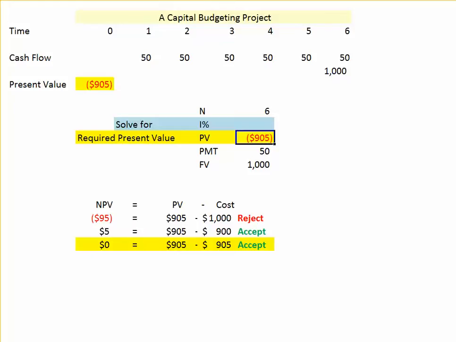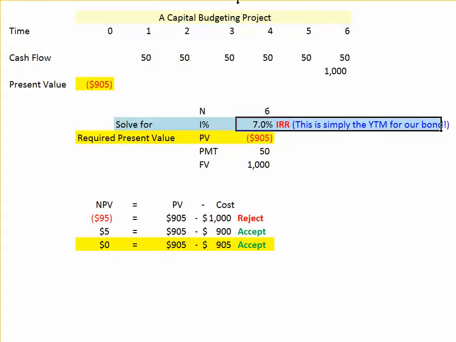So to solve for our internal rate of return, we would enter into the present value field of the financial calculator the project cost, which we said was $905. And we would solve for the interest rate or IRR. And again, for our bond, this was simply our yield to maturity, but in this case, for capital budgeting, we would say it's its internal rate of return. So our internal rate of return for this project, if it cost $905, would be 7%.